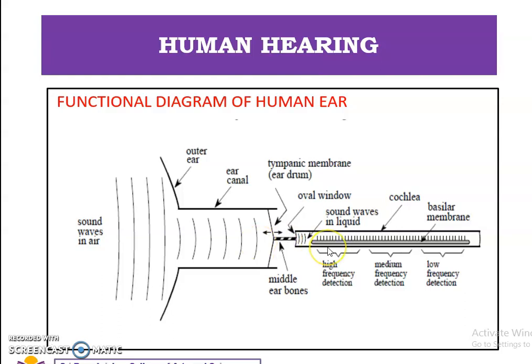So the area differs. Since pressure is equal to force divided by area, the difference in area increases the sound pressure. Here 60, here 4, so the difference is 15 times. So the sound pressure will be increased by 15 times.